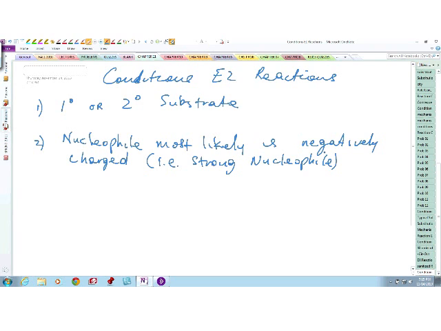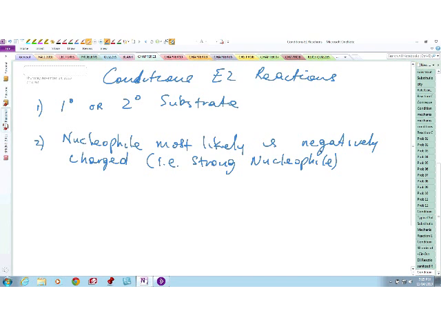Those are the two major conditions that you need to keep track of. Now, the E2 reaction and the SN2 reaction compete with each other. In many cases, if we have a problem that is borderline, we will tell you whether this is an SN2 reaction or an E2 reaction.